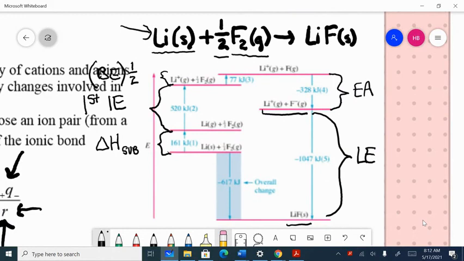So here's all the different pieces and parts. Think of it as like a Hess's law problem, and you can quantify the process that it takes to pack ions into a rigid crystal lattice.